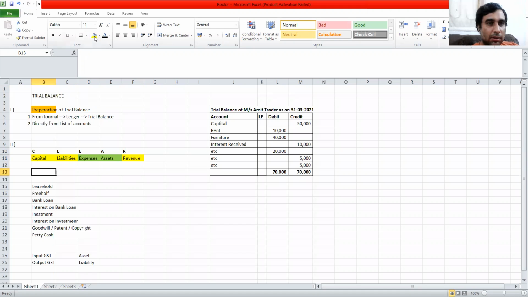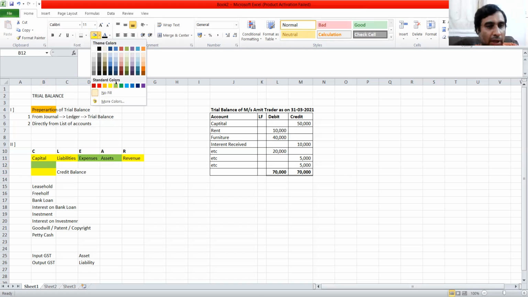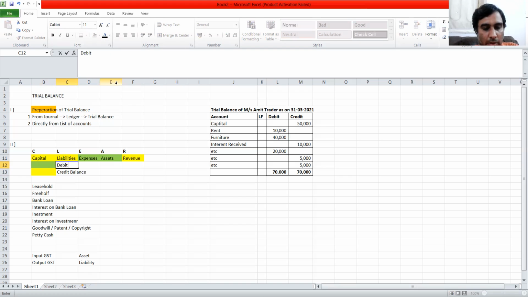Everything which is yellow will have a credit balance, and everything which is green will have a debit balance.